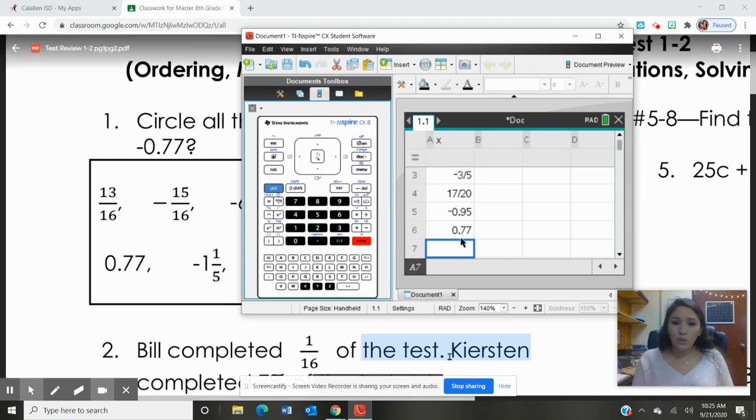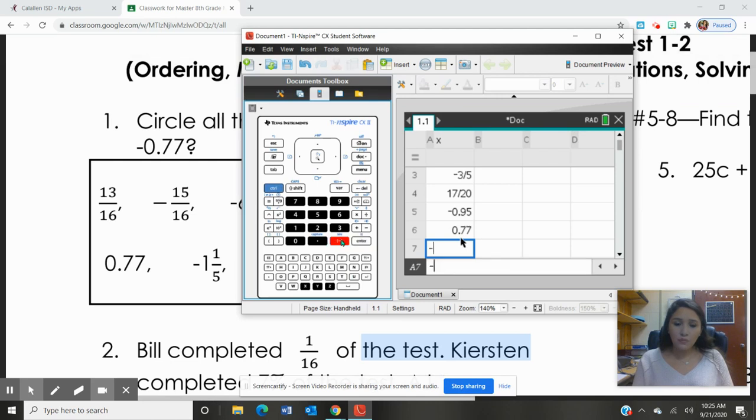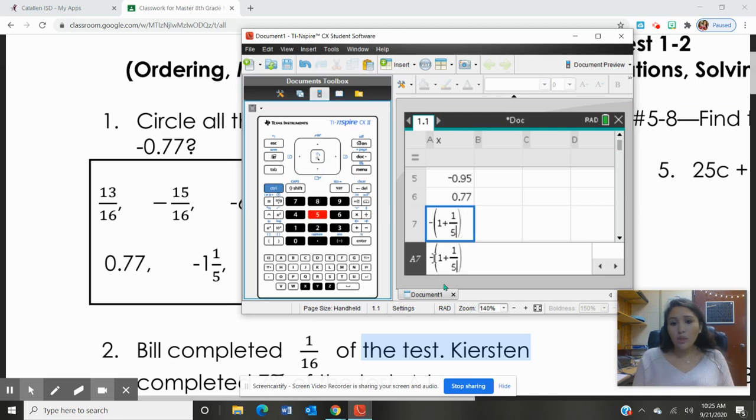So we're going to do negative, open up a parentheses, and do 1 plus control divide, 1 on the top and 5 on the bottom. We use the parentheses because if you don't, it's going to recognize that you want to add 1 over 5 to negative 1, and that's not the same thing as negative 1 and 1/5.